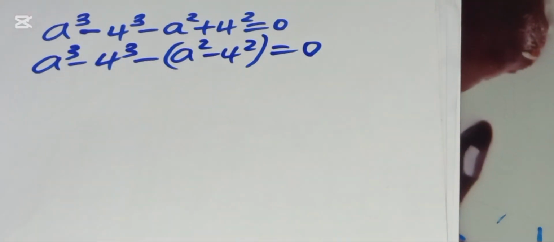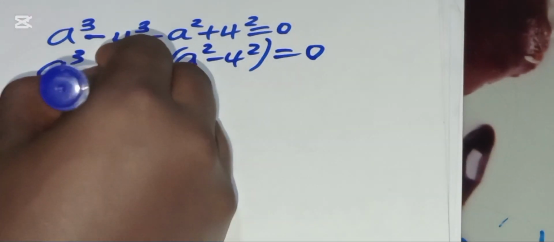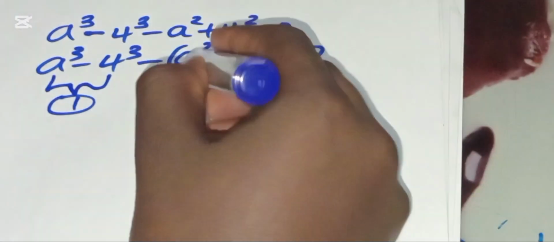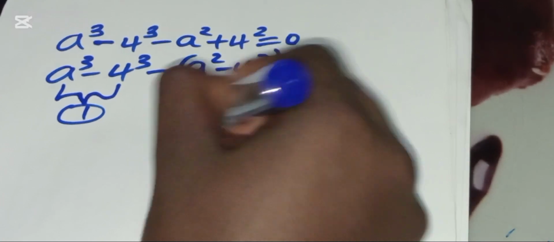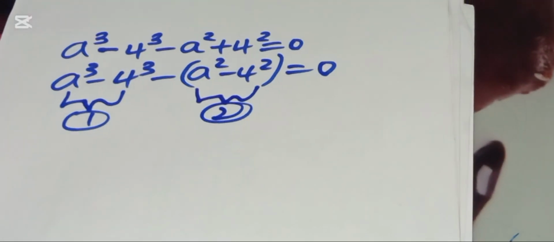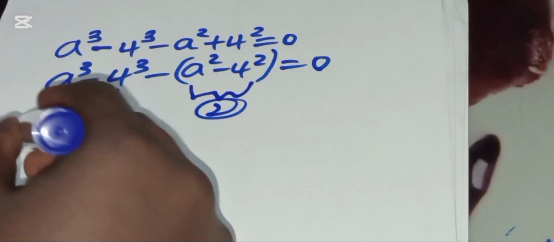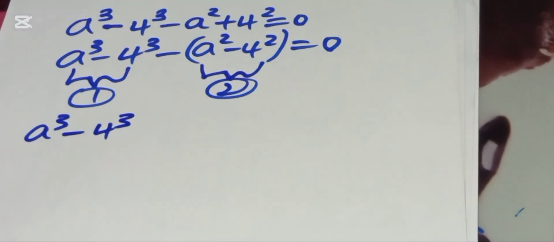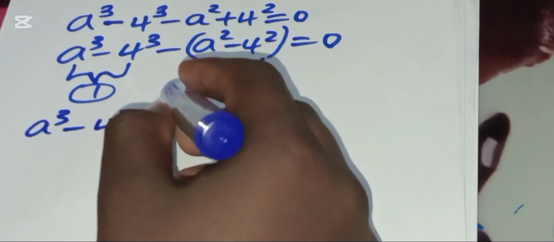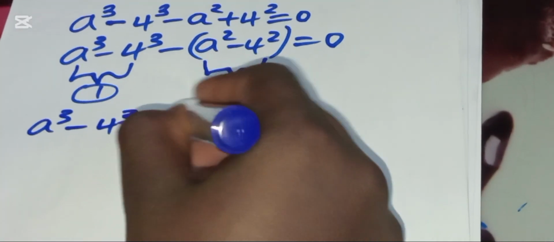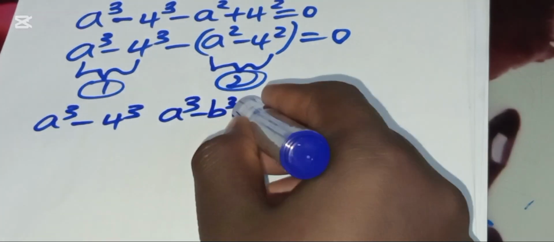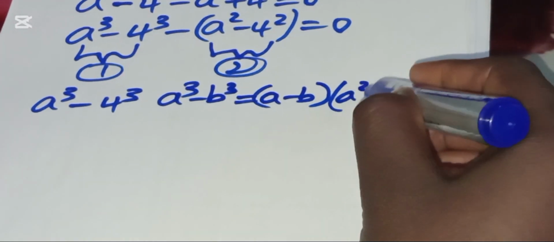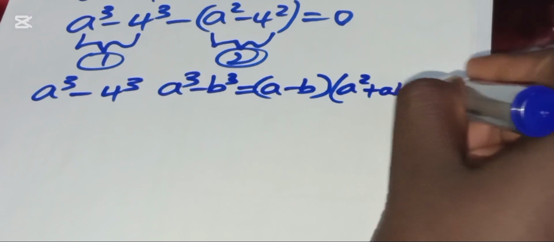Now, we have two parts here. The first part is the difference of two cubes, and the second part is the difference of two squares. The first part, a cubed subtract 4 cubed, applying the difference of two cubes formula, a cubed minus b cubed equals a minus b, a squared plus ab plus b squared.